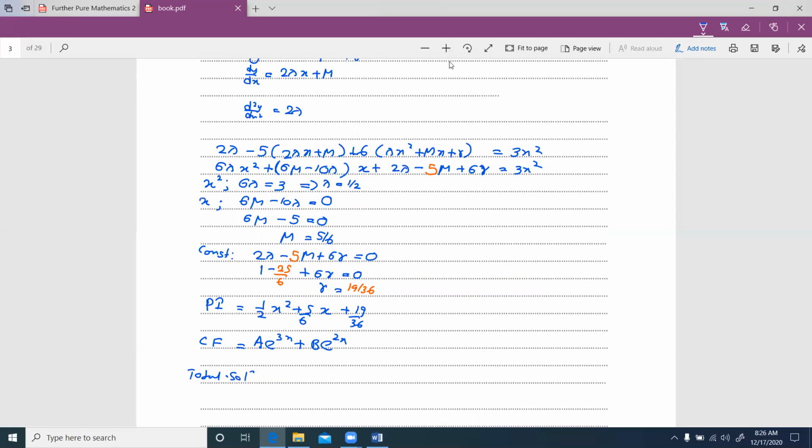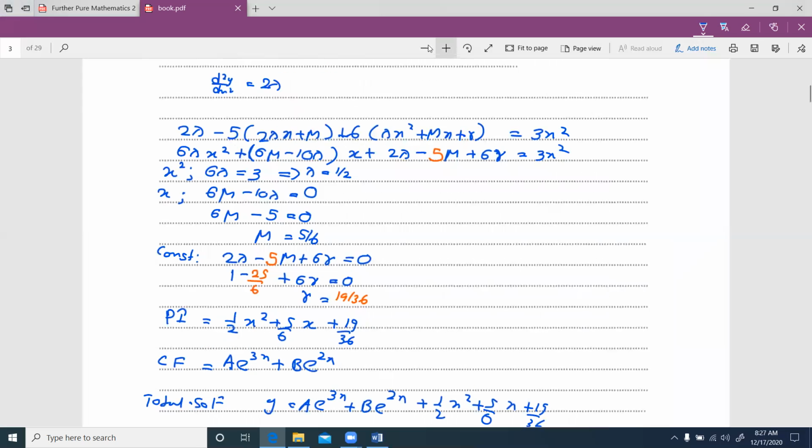Total solution: y equals a e to the power 3x plus b e to the power 2x, this is the complementary function, plus the particular integral 1 over 2 x squared plus 5 over 6x plus 19 over 36 would be the total solution for this kind of question. That's a way of doing this kind of situation, right?